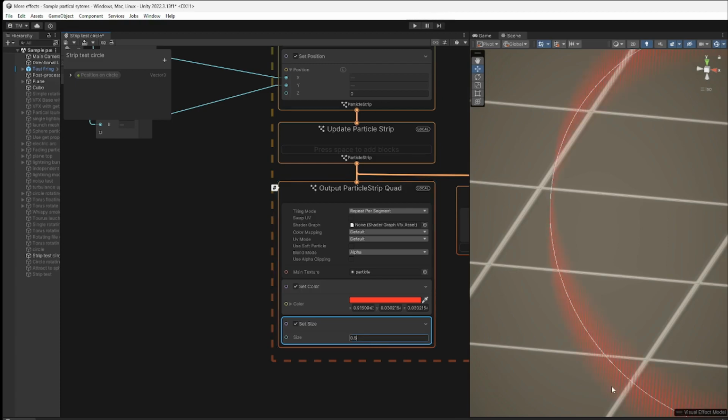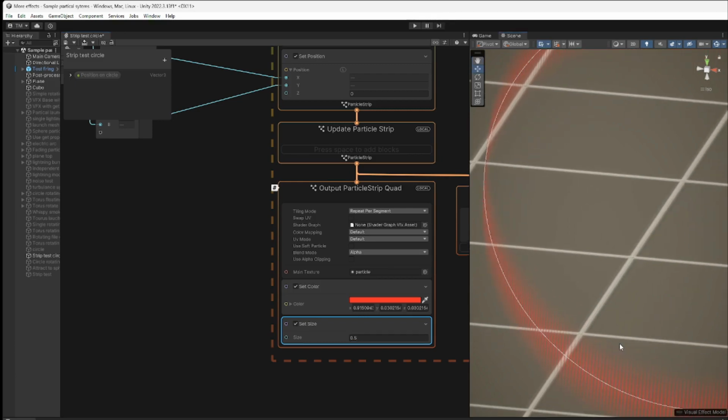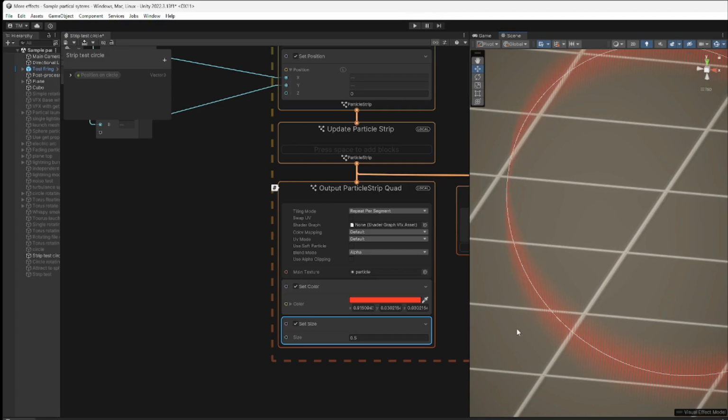It just made it taller. That's what the size does in a particle strip, it makes it taller. And I'm like, well, this is odd. Why is it doing that? I looked across a lot of the different nodes and node options, and I could find no way of causing it to rotate without rotating it myself. So really that's what you have to do.